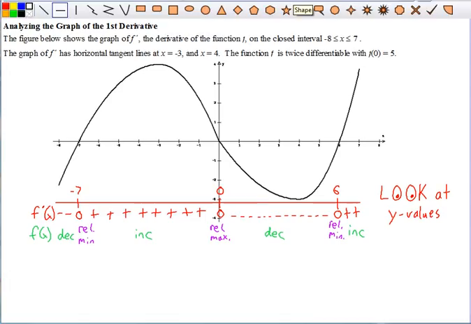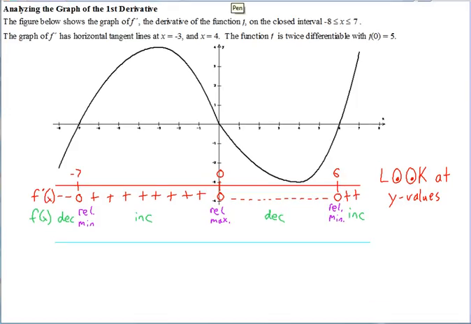Except this one's going to represent the second derivative. So we'll label this f double prime of x.